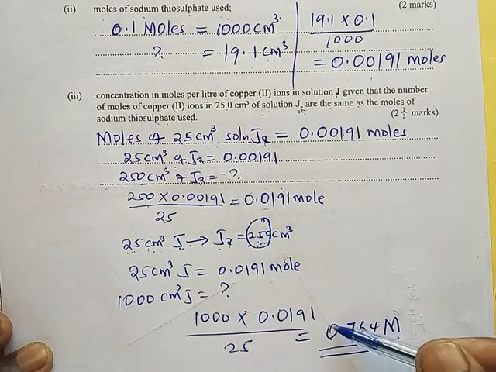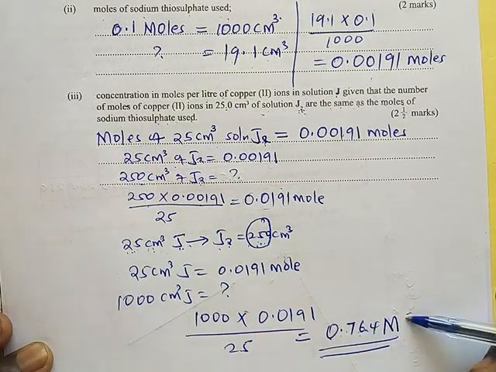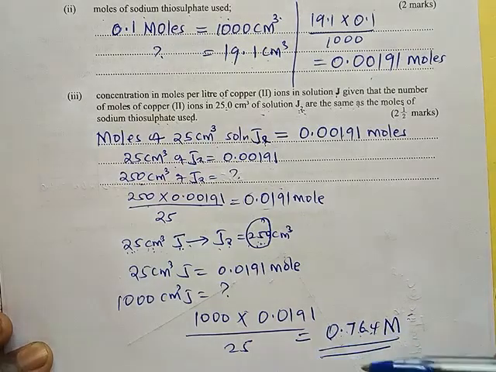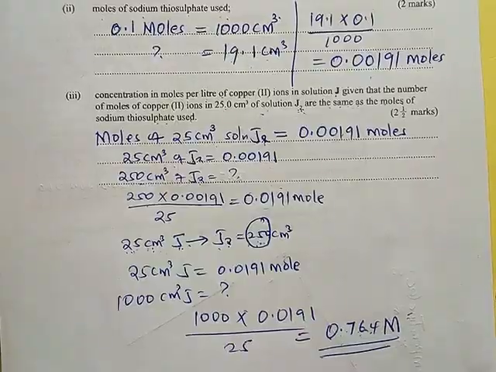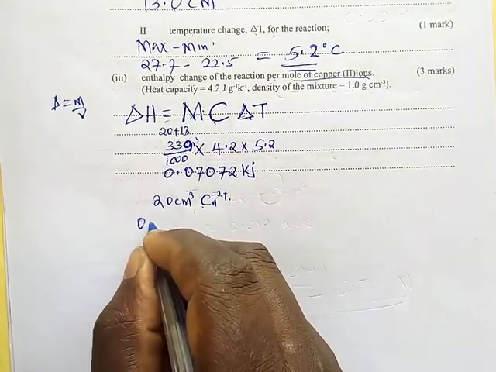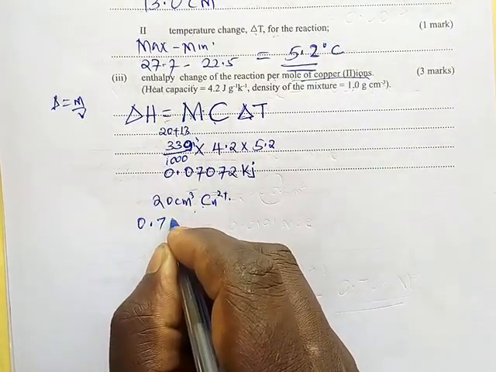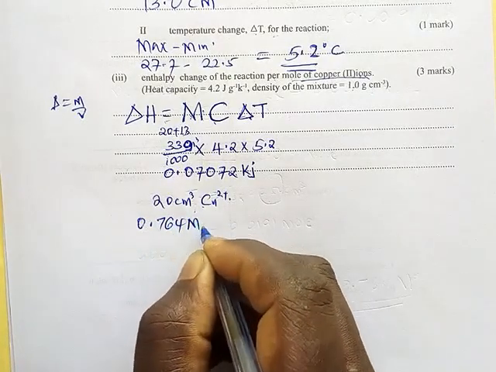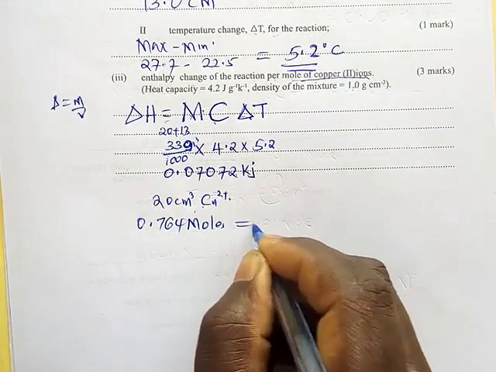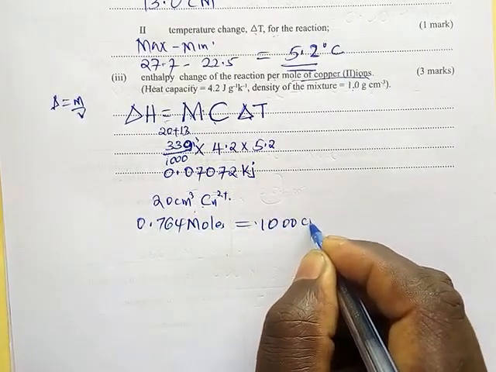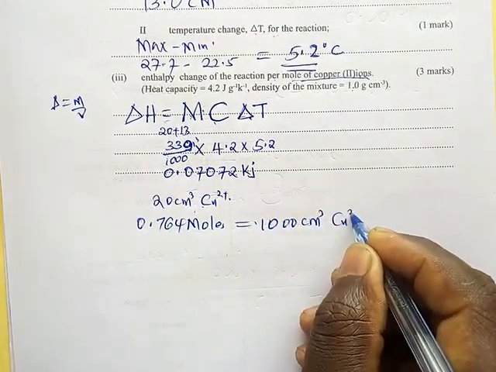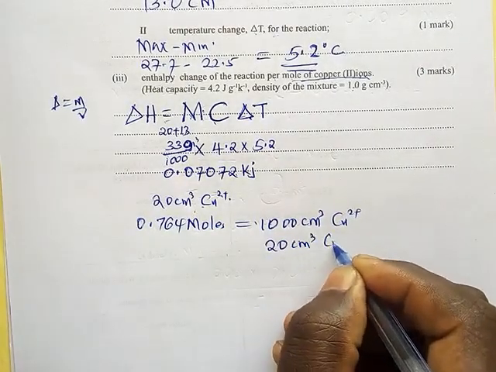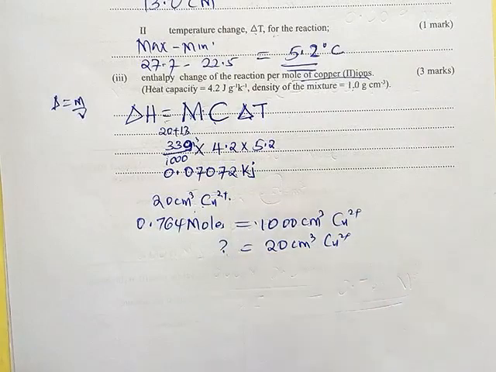So if 0.764 moles are in 1,000 centimeters cube of copper 2 ions, 20 centimeters cube of copper 2 ions will give us which moles?